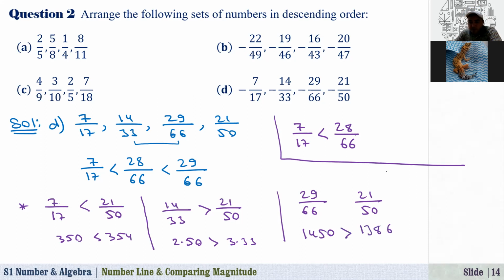So that's greater. So that means that this 29 over 66 is the greatest.